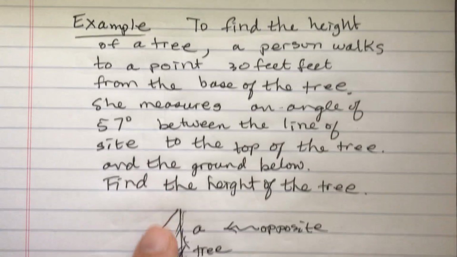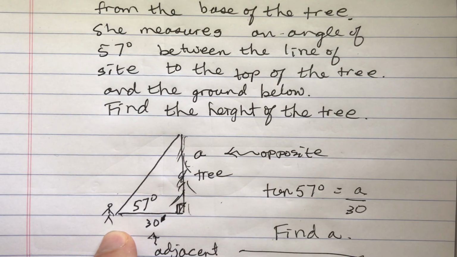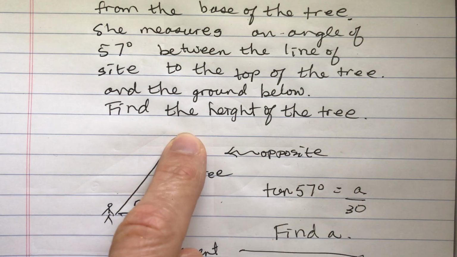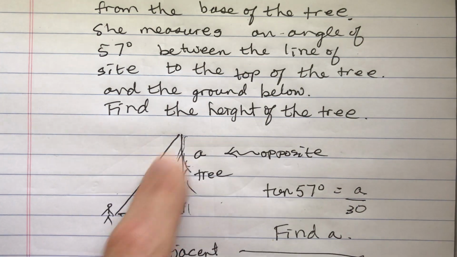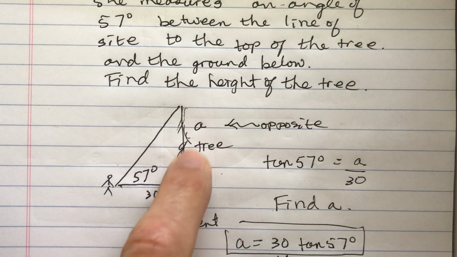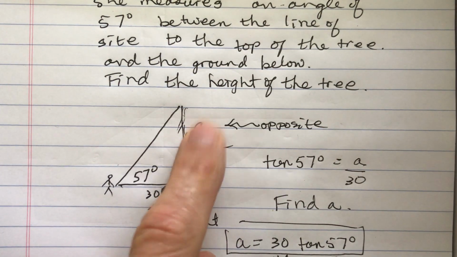Again, here's this person. They started at the base of the tree and walked 30 feet away. They have some measurement device that measures the angle between the horizontal and the line to the top of the tree, and that's 57 degrees. We're trying to find A, the height of the tree. Maybe H would have been a better letter.